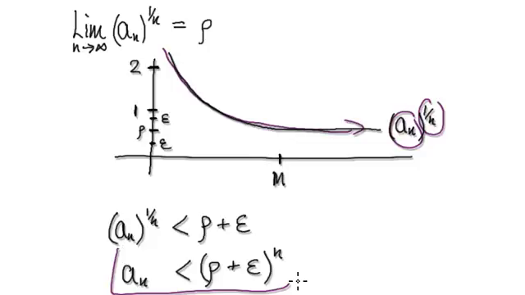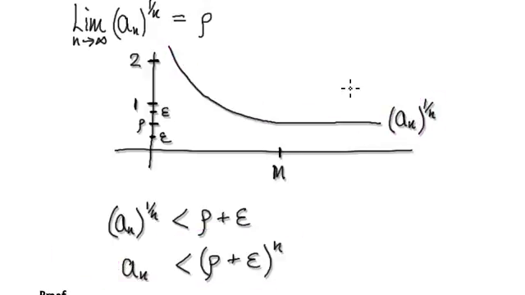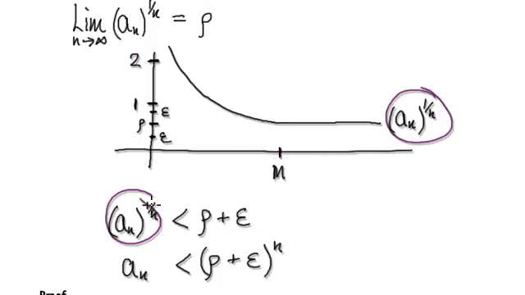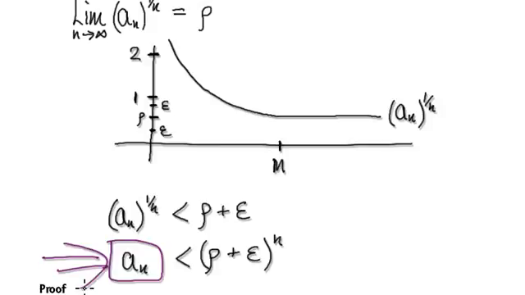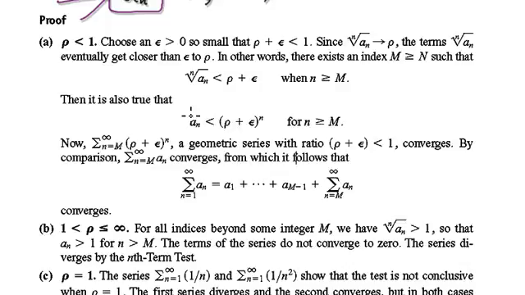But now we have the sequence itself. So this graph here represents this, but now we have the sequence itself. When you come to read the proof, that would be this statement here.